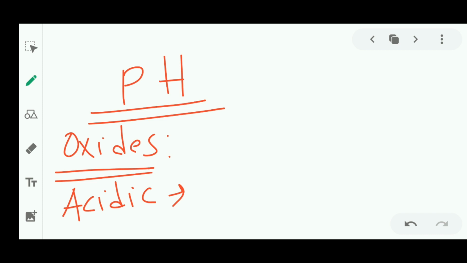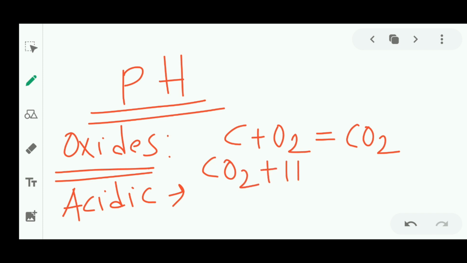Like carbon, when it reacts with oxygen, forms CO2, and then CO2 in aqueous solution generates H2CO3, that is carbonic acid, and this carbonic acid reacts with different bases to produce salt and water. So acidic oxides are generally non-metallic oxides.